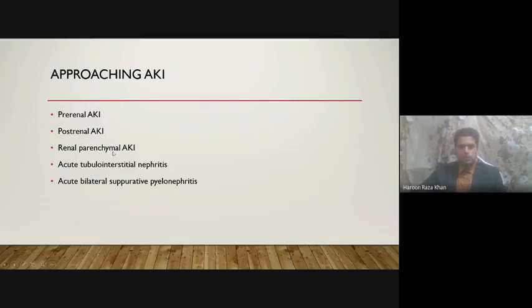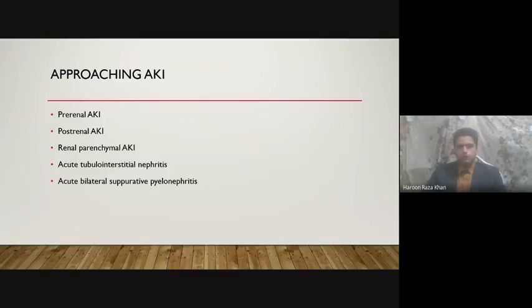Another cause of this renal parenchymal AKI is acute tubular interstitial nephritis. This can also lead to kidney injury. It usually occurs when the renal tubules are acutely obstructed by crystals. So there's some crystal deposition, for example, after rapid lysis of some malignant tumors following chemotherapy.